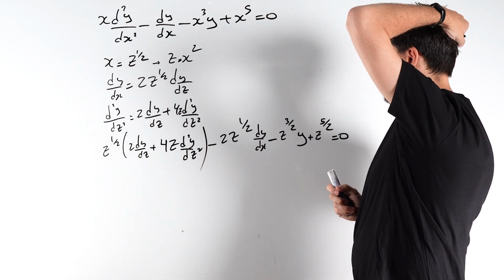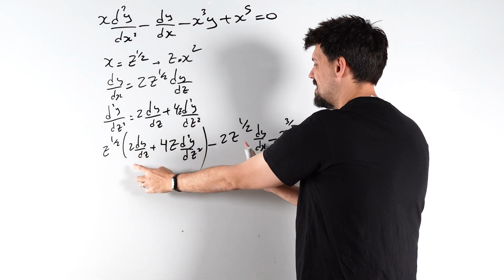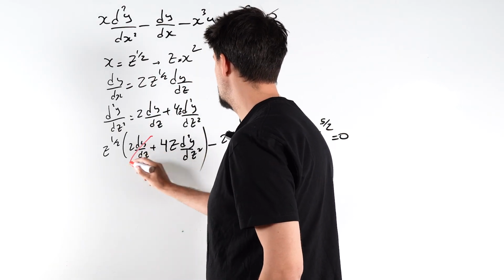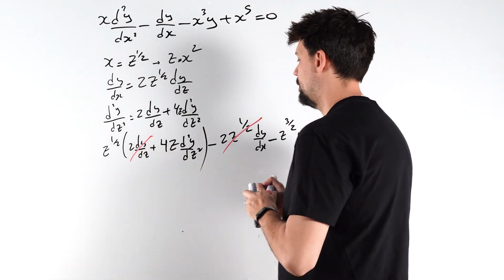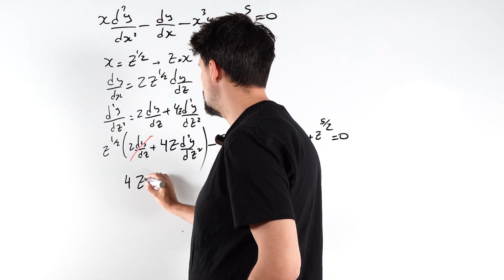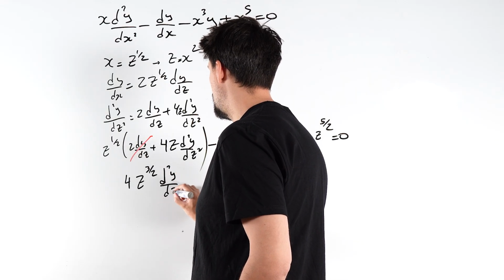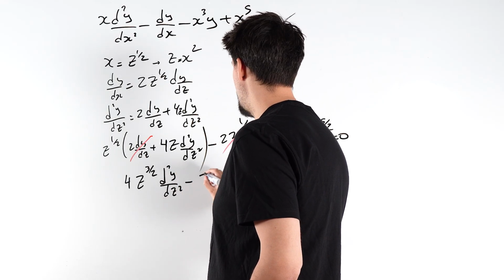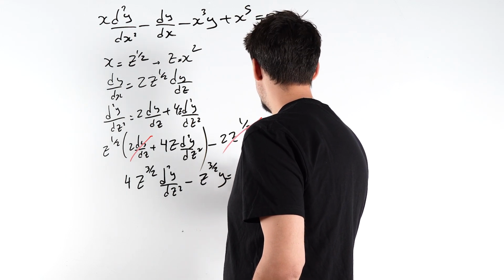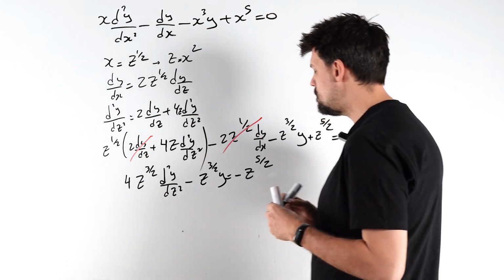Now this happens quite frequently, which is kind of cool. What we'll notice is these two terms here, they go bye-bye. So what am I left with? I am left with 4z to the 3/2 d2y/dz squared minus z to the 3/2 y is equal to minus z to the 5/2.